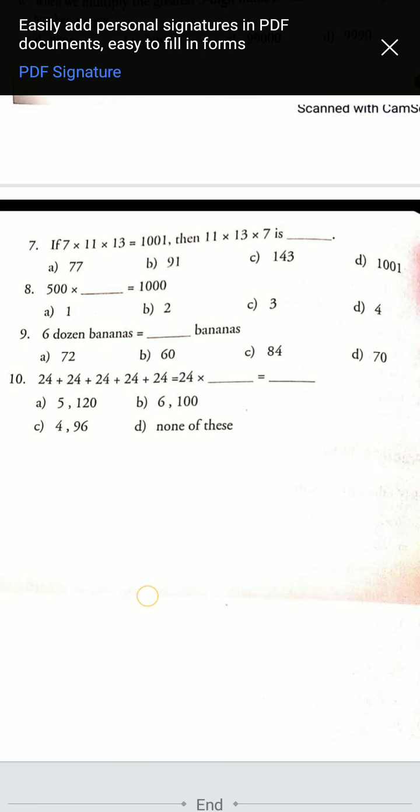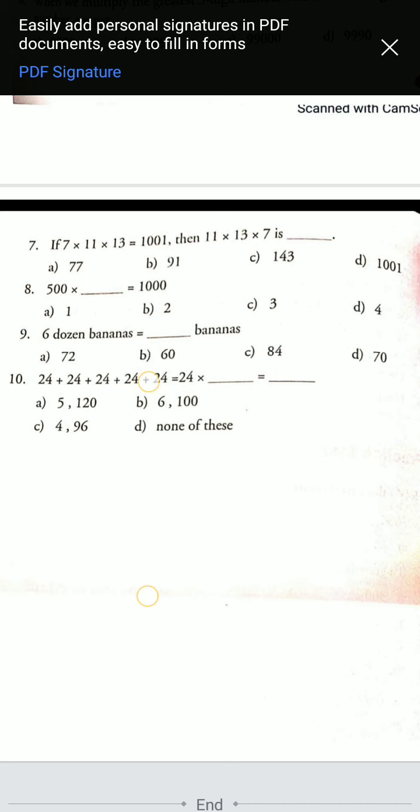Now see here. 24 plus 24 plus 24 plus 24 plus 24. They are giving similar numbers. This is a repeated addition, and repeated addition is our multiplication. How can you do this?